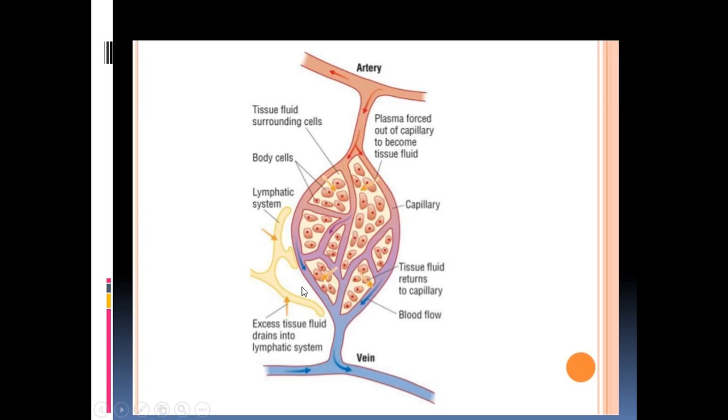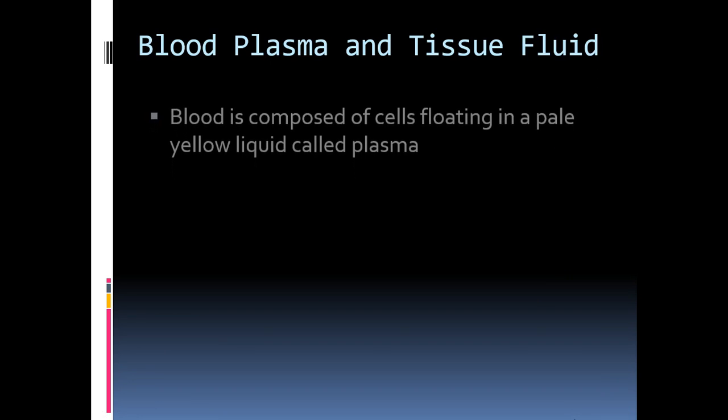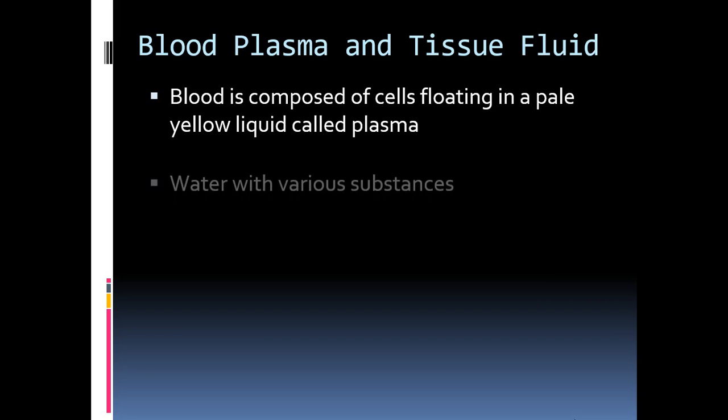However, the fact is that there is more fluid flowing out at the arterial end than moving in at the venous end. And we are going to discuss later on how this excess fluid can be returned back to the blood vessel. So these are some of the points that I have already discussed just now.